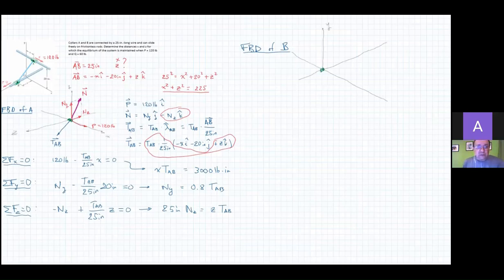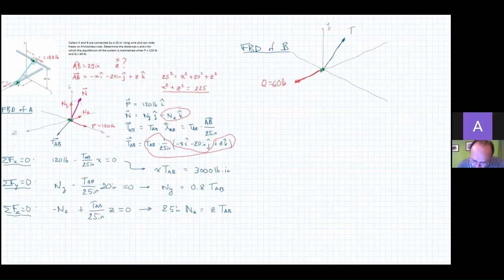The forces on the collar. We have Q, 60 pounds. We have the force on the rod AB, something like this.